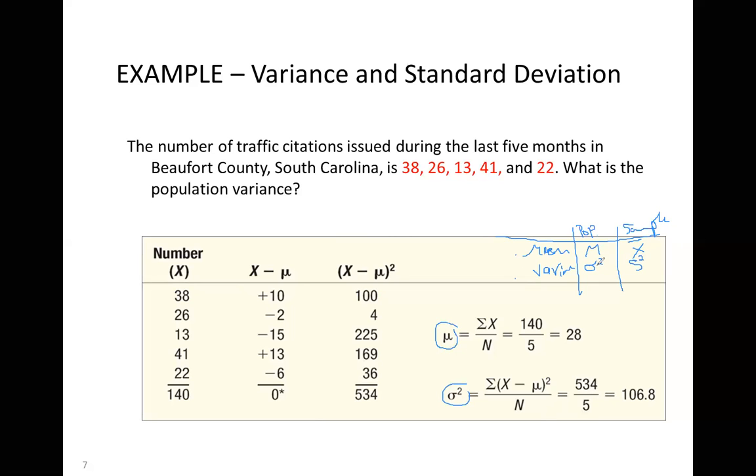How to calculate sigma squared? Sigma of x minus mu, all squared, divided by n. How to calculate s squared? I will tell you now. We have a very small difference: s squared equals sigma of x minus x bar squared divided by n minus 1. So in the case of s, we are not dividing by n, we are dividing by n minus 1. I will discuss that in the next slide.